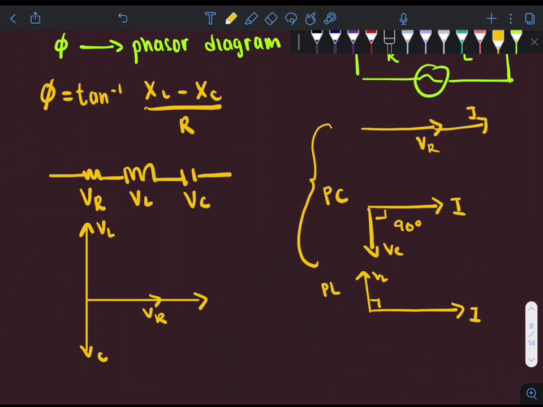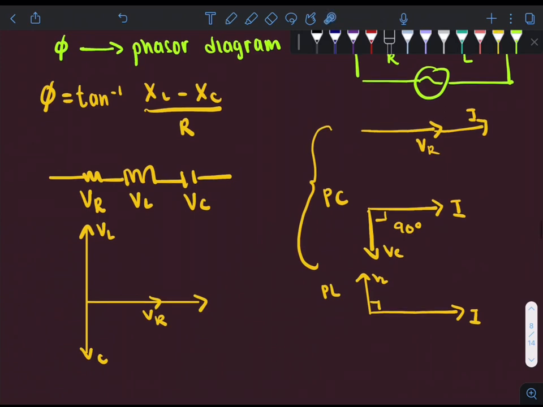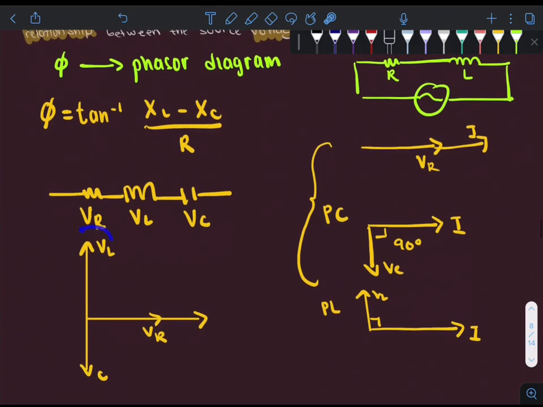Therefore, to find the phase angle now for a combination of circuit, we have to consider all the voltages in the circuit. As we can see, we have voltage in the circuit across different components. Therefore, we have to use the resultant method to find our voltage across the circuit.